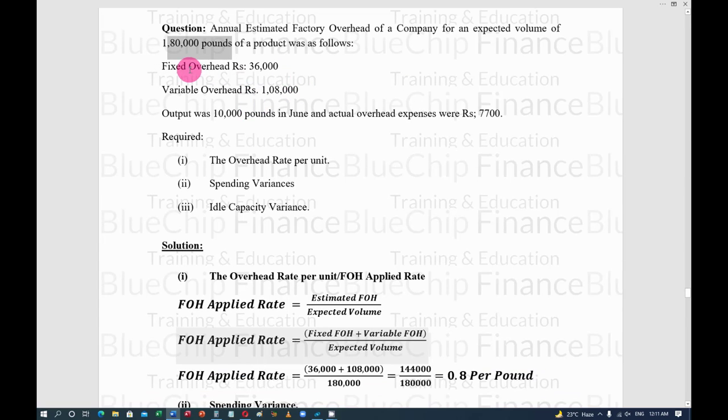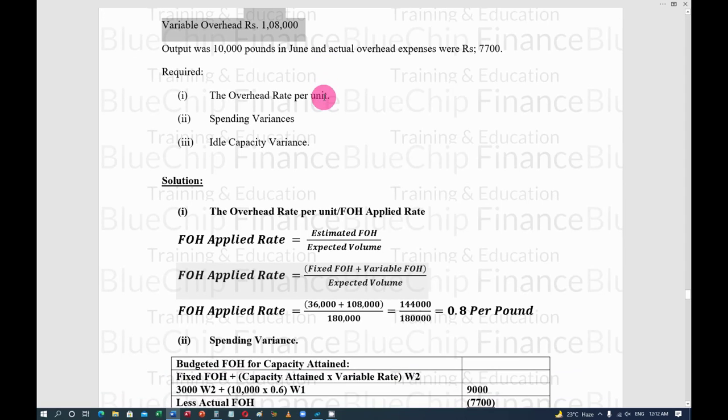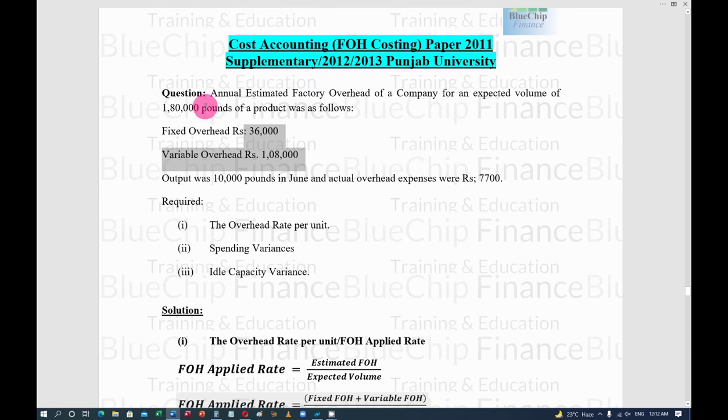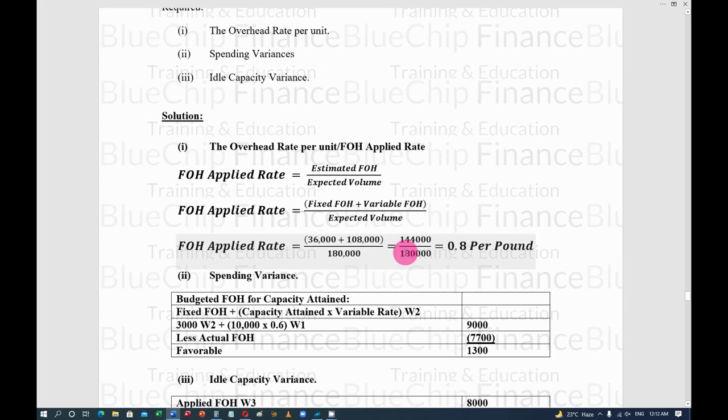Instead, budgeted fixed overhead and budgeted variable overhead are given. So budgeted total FOH is always equal to budgeted fixed overhead plus budgeted variable overhead. So we just add up these two, 36,000 and 108,000, and divide by budgeted capacity, that is 180,000. So just divide these two and the FOH applied rate is 0.8 per pound.